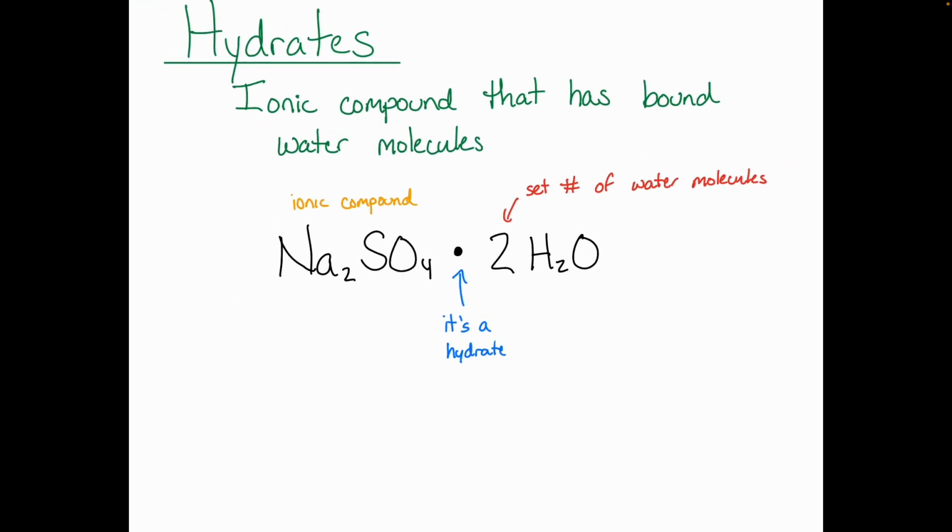If we were going to name this compound here, we start just with the name of our ionic compound, which is sodium sulfate. Okay? But then when we include those water molecules, we would add on to the end here sodium sulfate dihydrate.